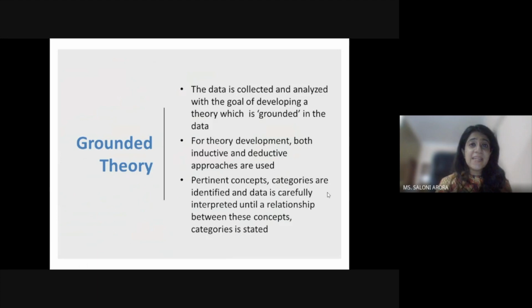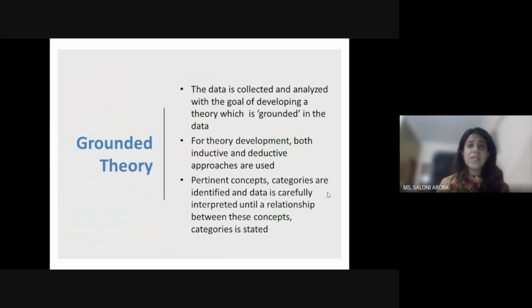So, ideally, there's something which is already deep rooted, and from that, we are going to form a new theory, a new development. For the theory development, we can either use an inductive approach or a deductive approach. Mostly, inductive approaches are what are useful for grounded theory.